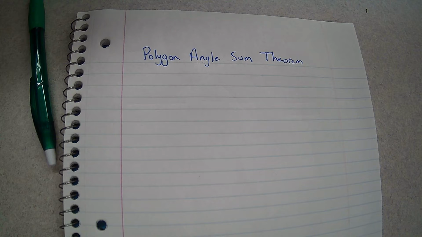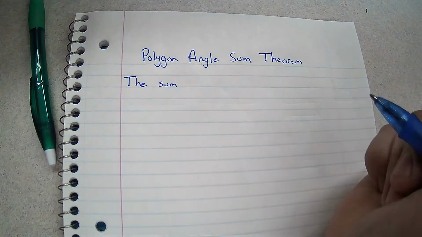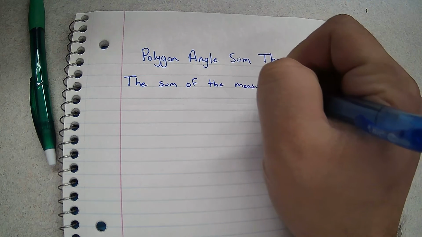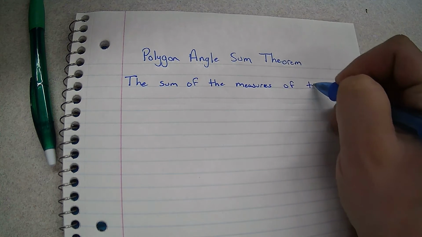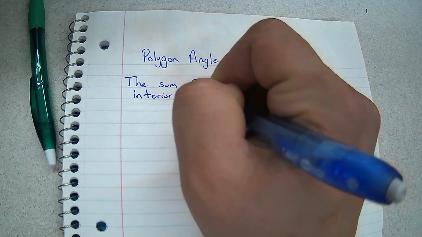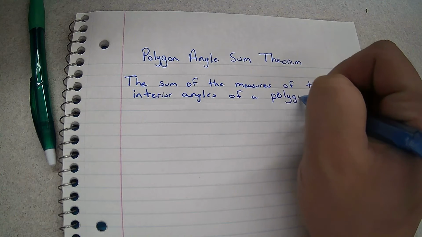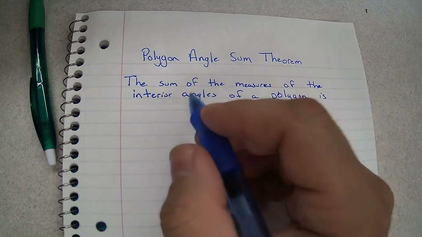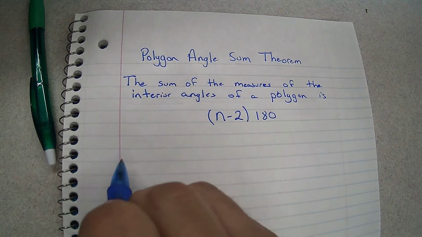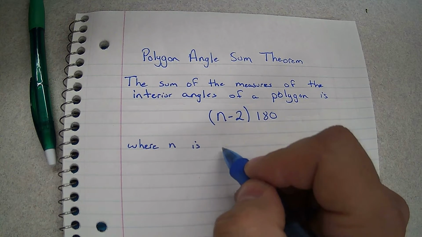So our interior angles are our inside angles, and the sum, the addition of the measures of the interior angles of a polygon is, the way that we find it is n minus 2 times 180, where n is the number of sides.